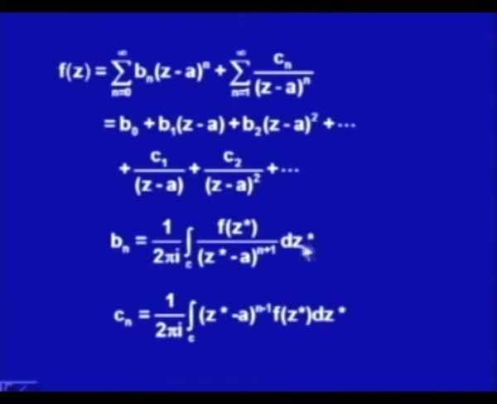Here z star is a point on this closed curve C, while the coefficients c n in the second series are obtained as 1 upon 2 pi i integral over the closed contour, and the integrand is z star minus a raised to power n minus 1 times f z star d z star. Here again this point z star will lie on the closed curve C.